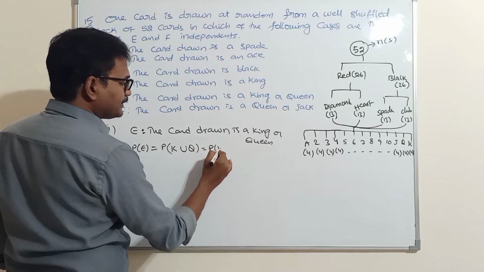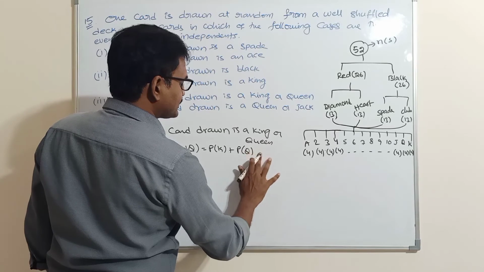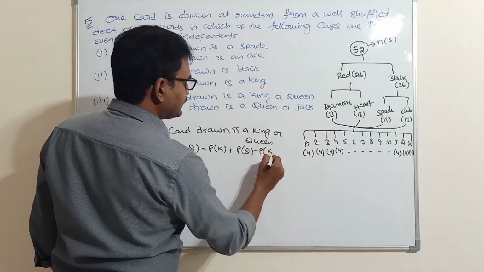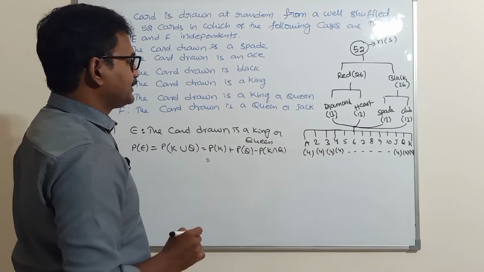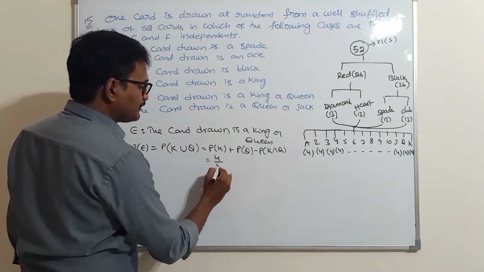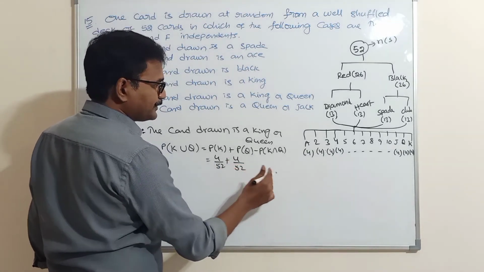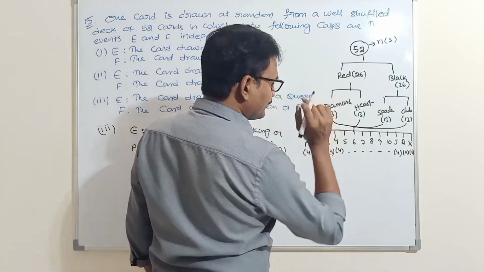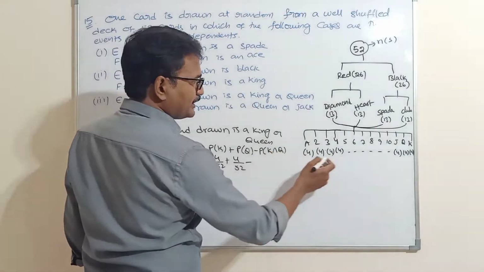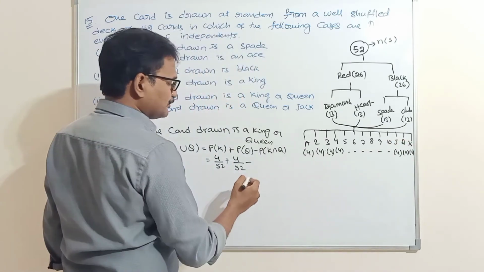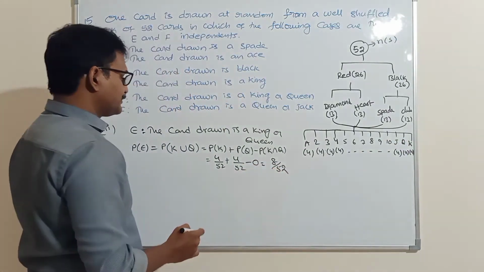That means P of K plus P of Q minus P of K intersection Q. Probability of drawing king cards is 4 out of 52 plus P of Q is the same, 4 by 52, because 4 queen cards are there, 4 king cards are there out of 52, minus any common elements between these two. No common elements, that means 0. So 8 by 52 is the answer.